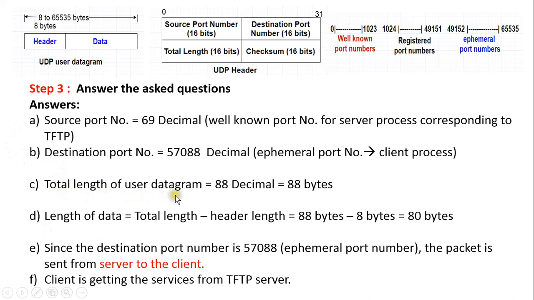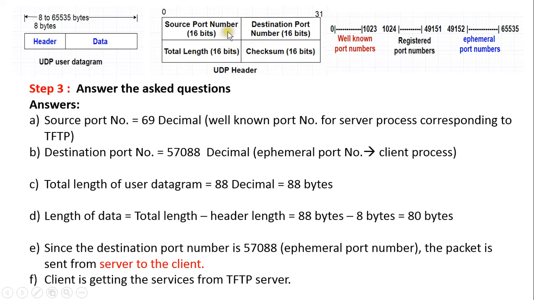Now the total length of the user datagram calculated in the previous slide is 88 decimal. So the length of the data becomes the total length of user datagram minus the length of the header. UDP header covers total 8 bytes. The fixed size of UDP header is 8 bytes.